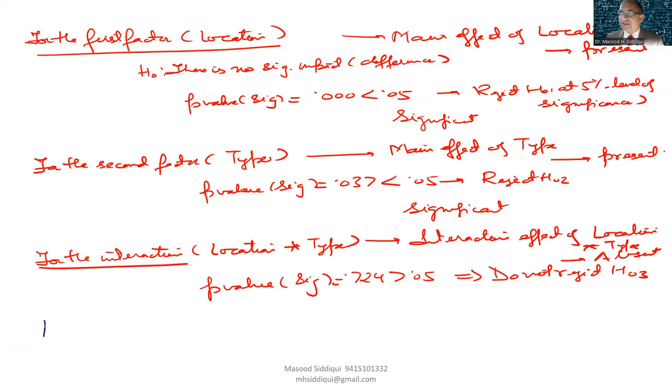This is partial eta square. Okay? This is actually the effect size, which provides us the percentage of explained variation.